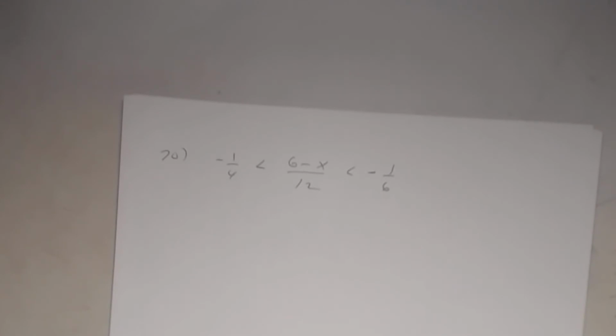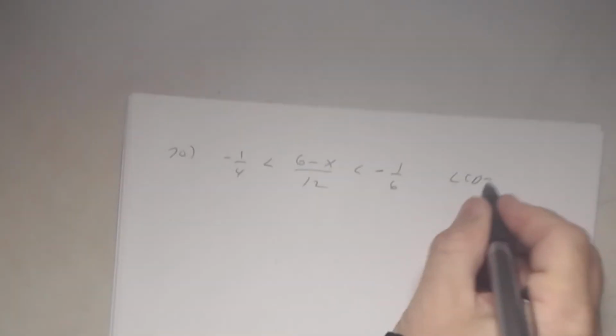Right, so negative 1/4 is less than 6 minus x divided by 12. It's less than negative 1/6. All right, so clear your fractions. What's the LCD? 12. So LCD is 12.